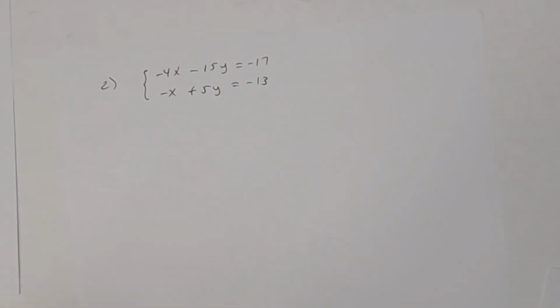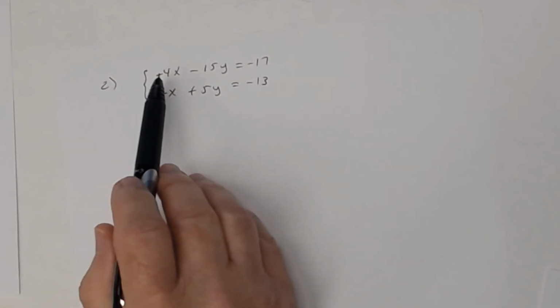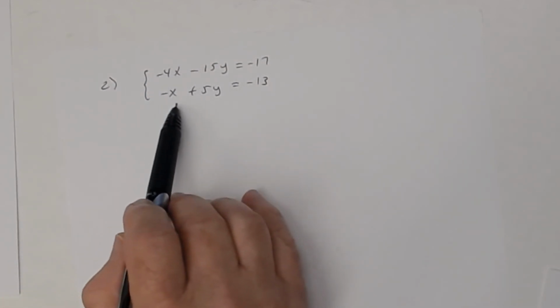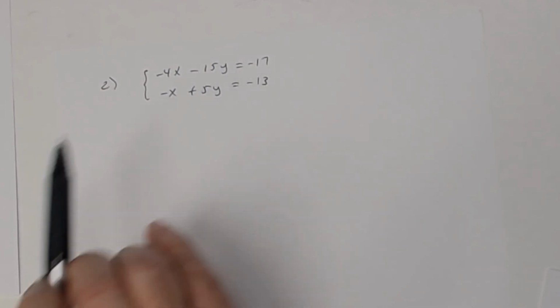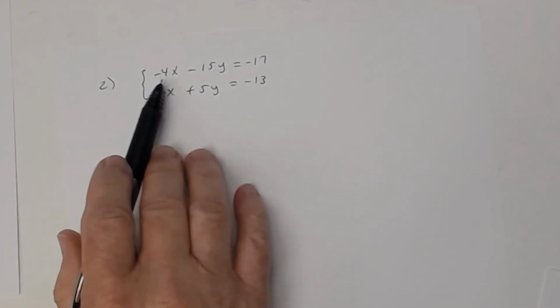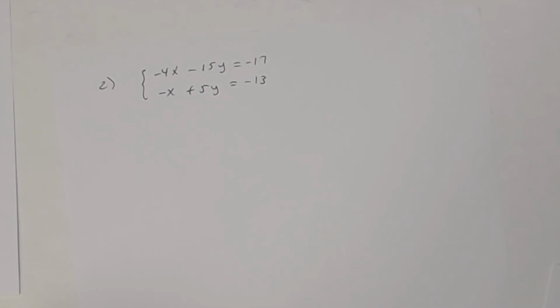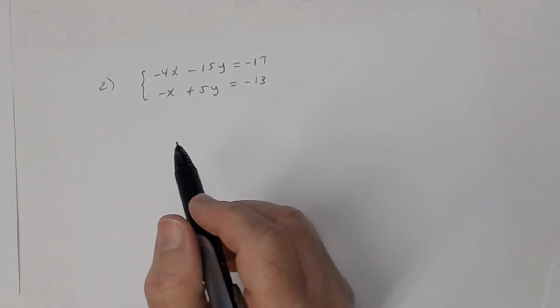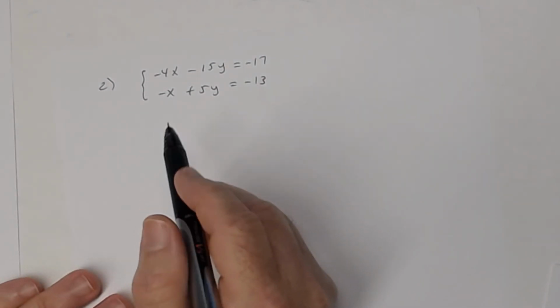So that's what you've got to determine: what do I need to multiply either of those equations by to get these coefficients to be opposites, either the x's or the y's? It does not matter. So listen to the thought processes as I go through this, and that's what you should have done when doing this problem.